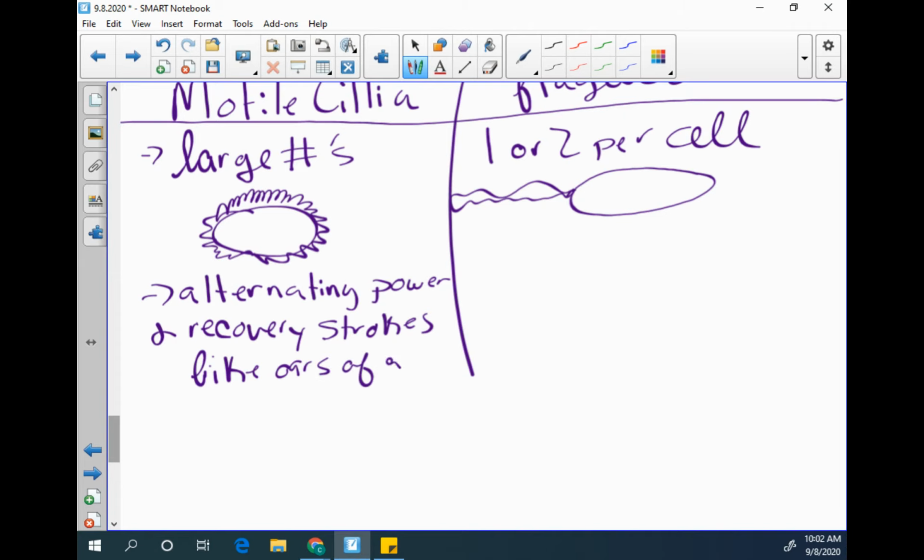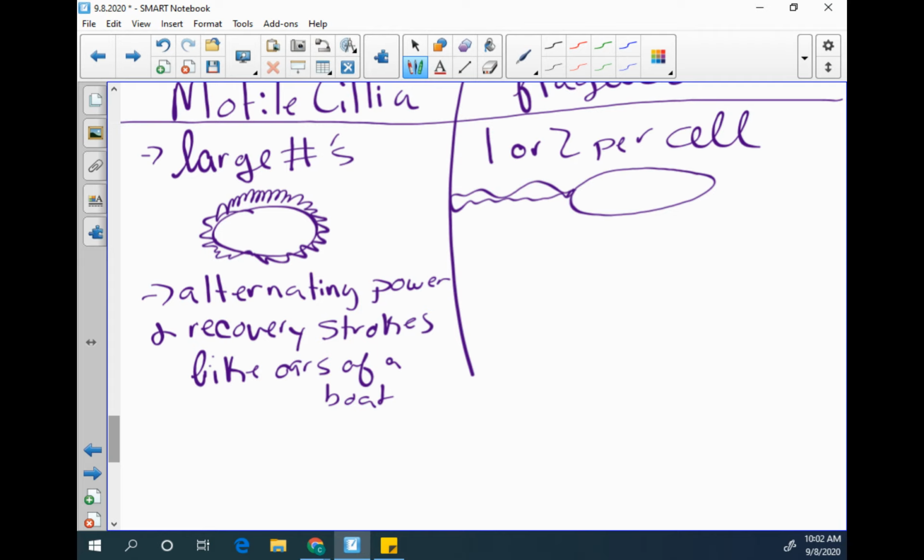If you think about the movement that is rowing, you've got the one that's in the water that's going to push you, and then you've got the one to go back to the front. That's where the oar is not necessarily in the water, so it's not doing anything. It's just getting you back to normal. That's the way cilia work. So all these little cilia work like oars to help project the cell through whatever fluid it is in.